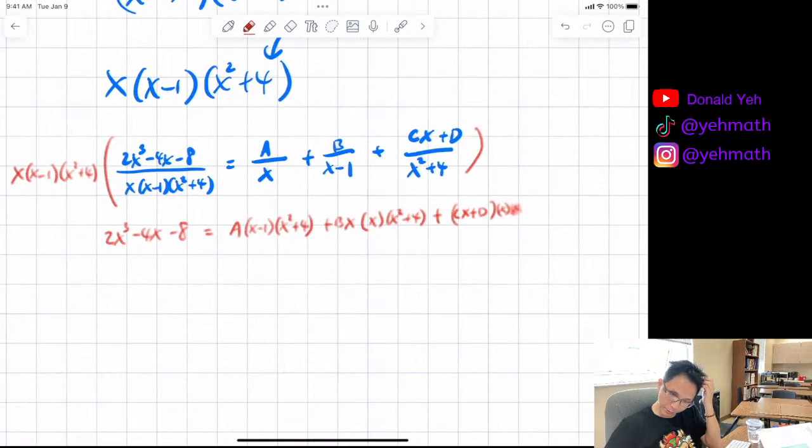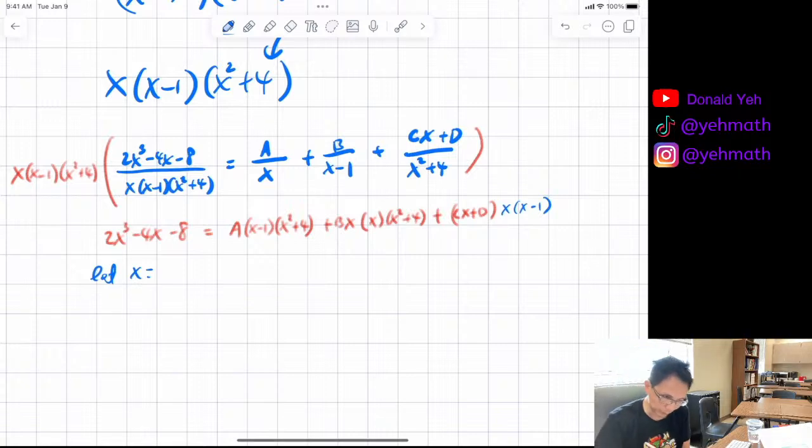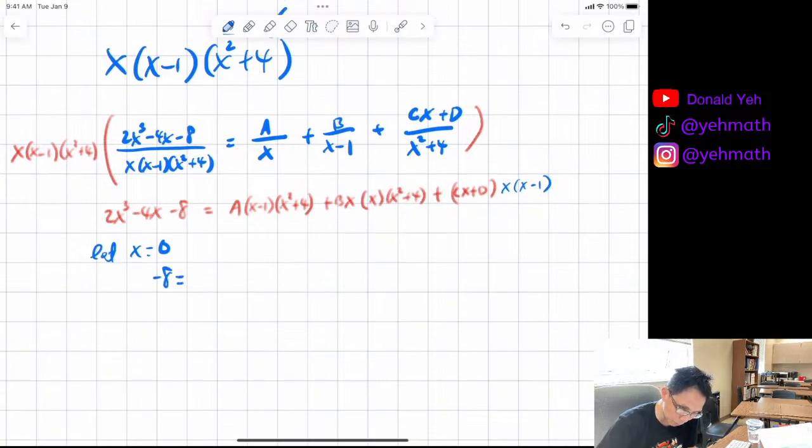I ran out of space. I got 2, 4, I got -2.